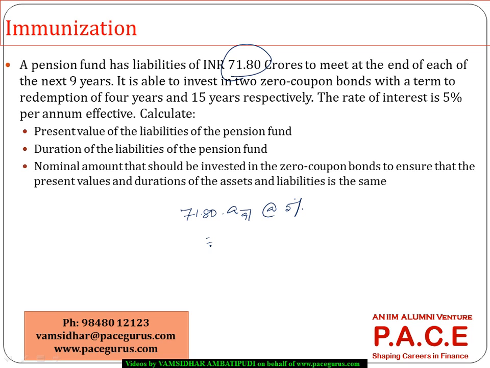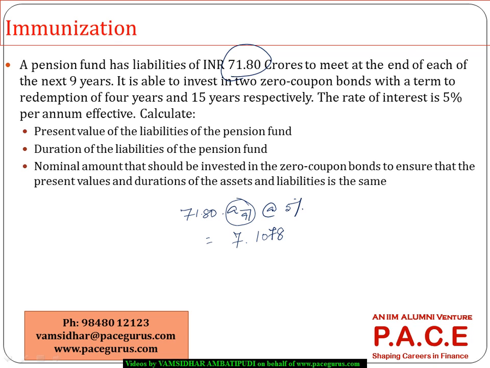Either I can compute it, or I can get the value of a9 corresponding to 5% interest from my actuarial tables. The a9 corresponding to 5% interest rate from the actuarial tables is 7.1078, right?